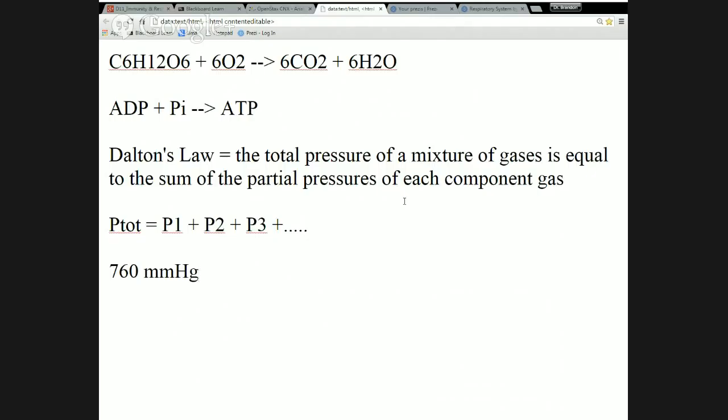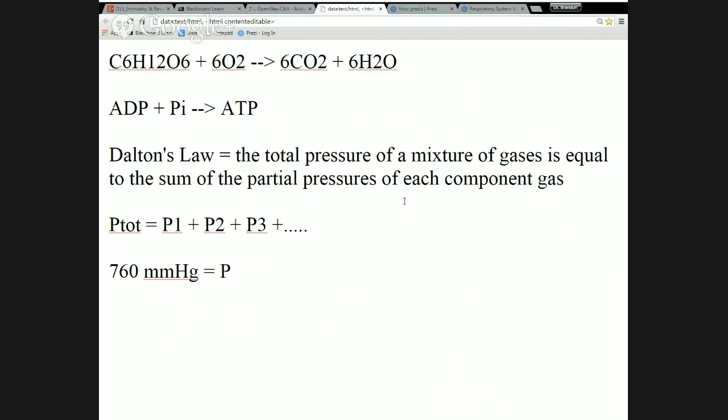So anyways, this is air pressure at sea level, so we'll work with that. And it is really the summation of all the partial pressures of everything else.